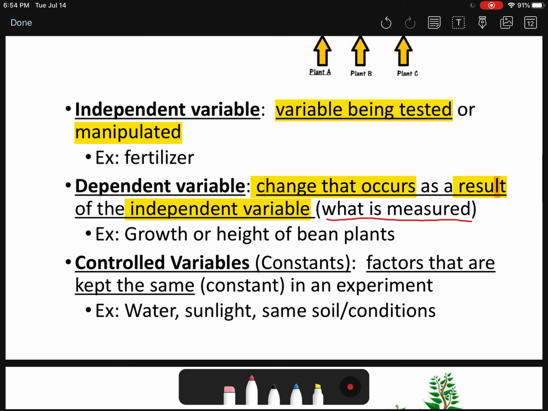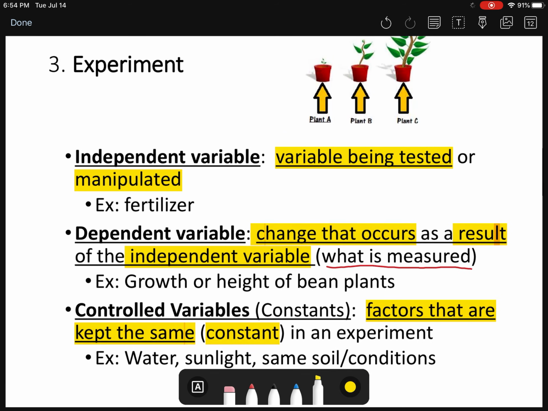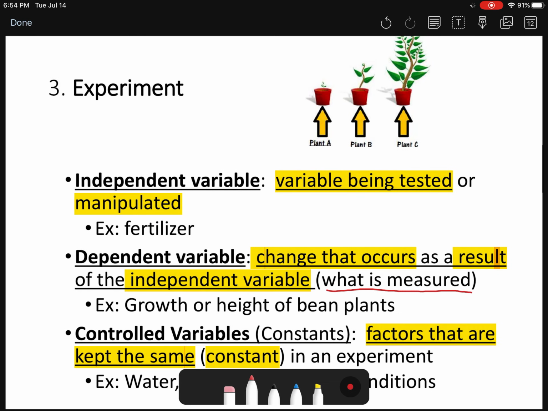Now, controlled variables, those are factors that are kept the same, or what we call constant. So sometimes they're called constants in an experiment. It's anything you're going to try to keep the same. Well, if we're going to try to grow those plants and the only thing we want to test is the fertilizer, then we need to make sure that everything else about this plant is the same.